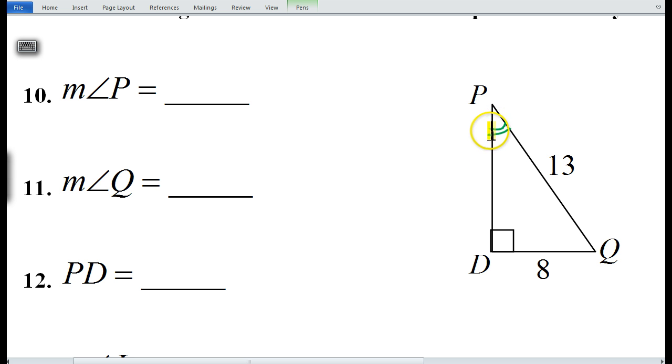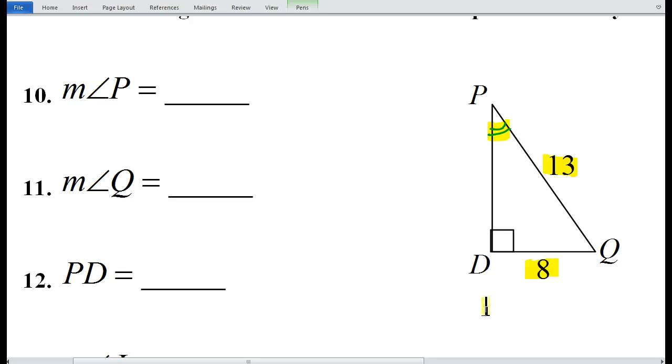So in this case, I'm looking for angle P. I'm given 13 and 8. Those are the three things I have to deal with. Based on those three things, you should be looking at sine, cosine, and tangent and asking yourself, which one of those three functions fits these three pieces of information?